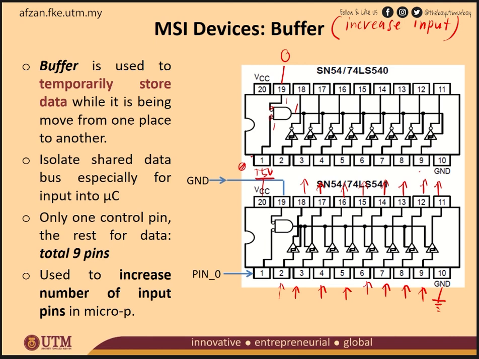If you put 1, what happens? This is 1, with the bubble it becomes 0, and this is 0, with the bubble 1, and with 0 you get 0. So no value will transfer from the input of your buffer to the output of your buffer, meaning the buffer is disabled.